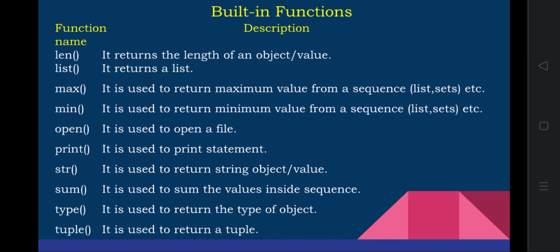Tuple, we know, is one type of collection which has a collection of values, mixed type of values or same type of values. So when you use the function tuple, it will give the tuple as the answer. These are a few built-in functions available in Python. There are many functions available. Just for example, we have given a few. This is enough for the presentation of the answer.